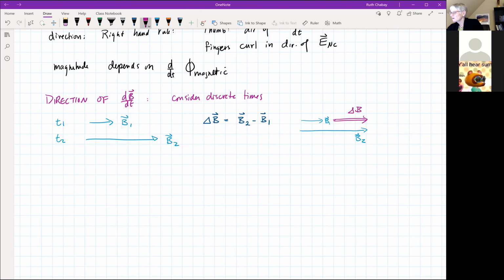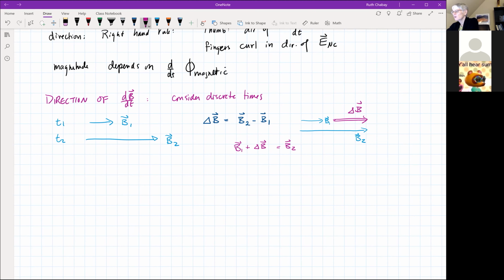So that's the change in B. Delta B is what we have to add to B1 to get to B2, right? So B1 plus the change in B is equal to B2.